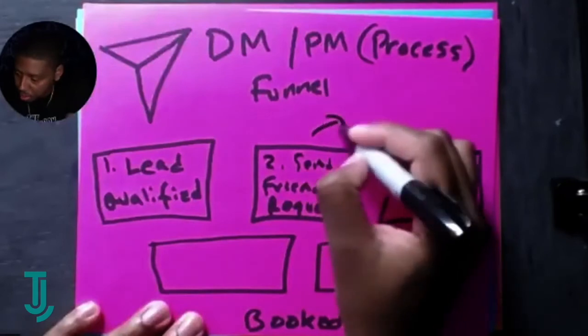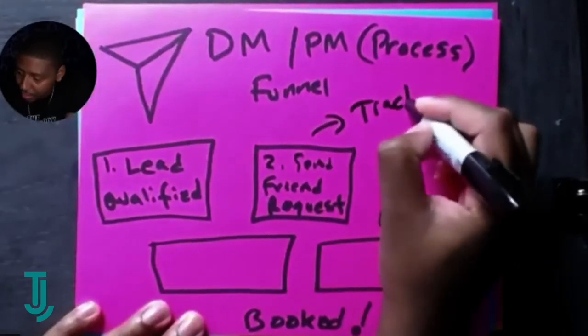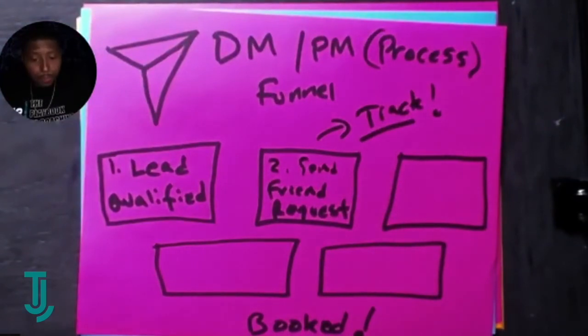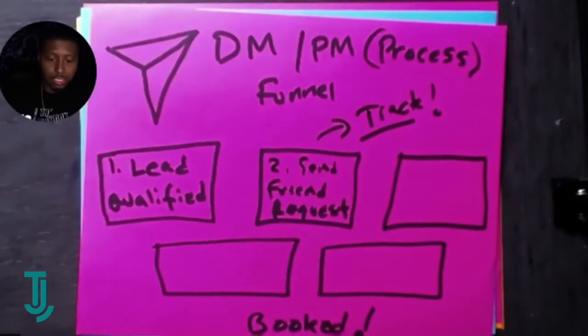It might be 13 months from now, and this is something that you need to track. A lot of y'all saying, "Yo, I'm not getting people following or liking my stuff or engaging." It's just not enough people in your market that know you exist. They just don't know you exist yet.